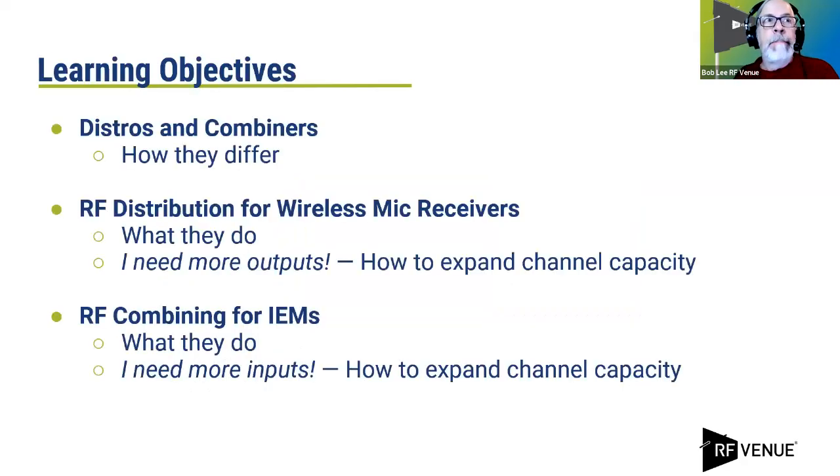Let's talk about the learning objectives today. We're going to be talking about distros and combiners, like the ins and outs. Literally, they have ins and outs. Bunch on one side, few on the other side. Now, we're going to first talk about how they differ. We're not going to spend a lot of time on that, but just some basic things about how a distro is different from a combiner.